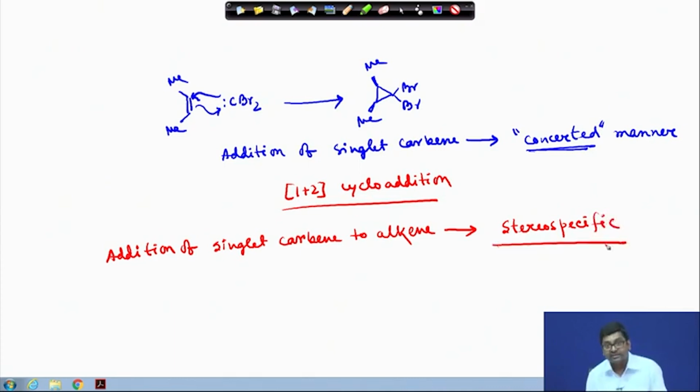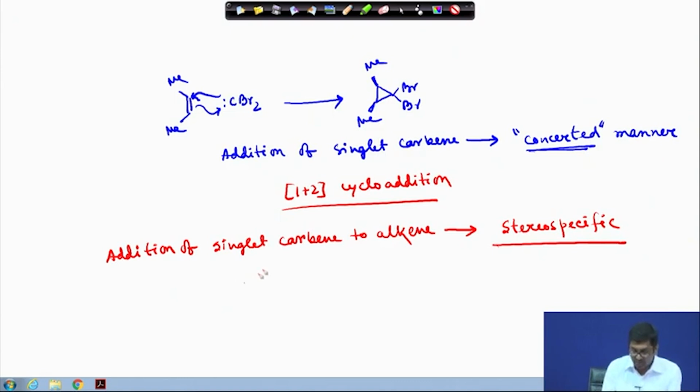That means we start from one particular starting material with a specific geometry or stereochemistry, and in the product we get a specific stereochemistry. Okay. So, if we start with Z olefin, we get this cis cyclopropane, and if we start with E olefin, we get the trans cyclopropane. This gives the idea about these stereospecific reactions.